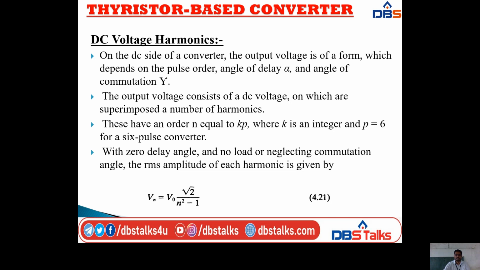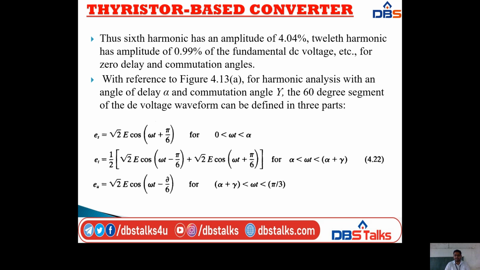Here, taking the sixth harmonic as an example, the sixth harmonic has an amplitude of 4.04% and the 12th harmonic has an amplitude of 0.99% of the fundamental DC voltage, that is V0, for zero delay and commutation angle.